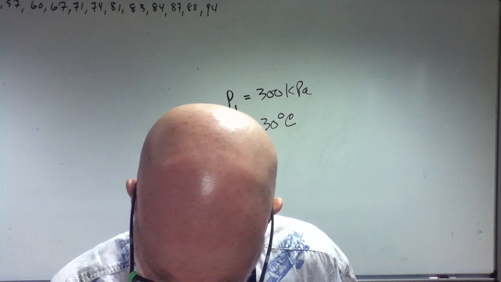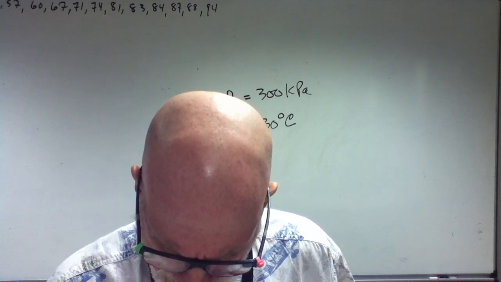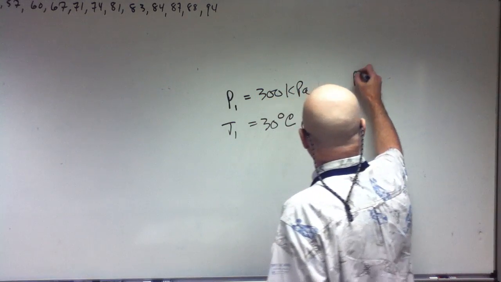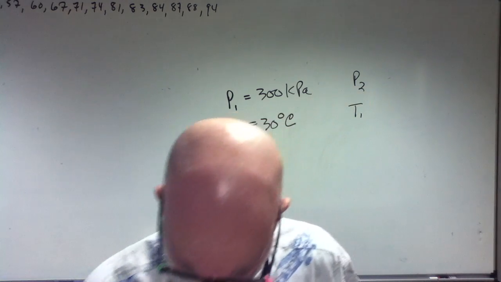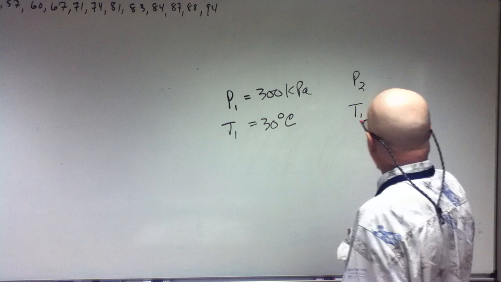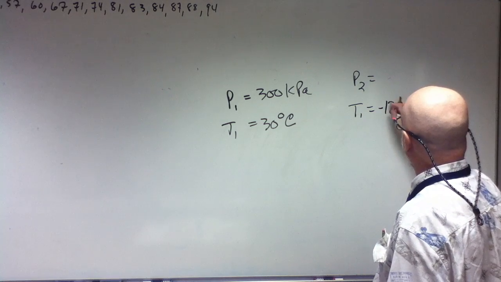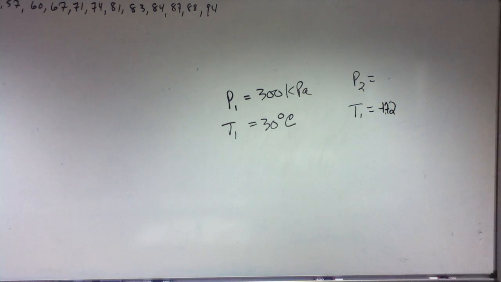And it says, what will the pressure be if the temperature is lowered to negative 172 degrees Celsius? 172? Is that what it says? Yes, negative 172. Is that right? Can you see that? Does that come up? Okay.